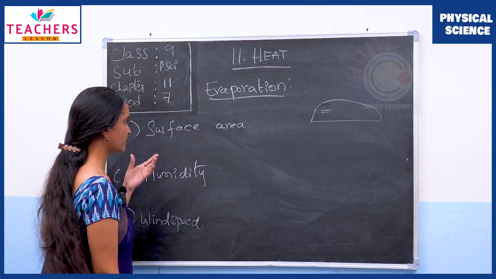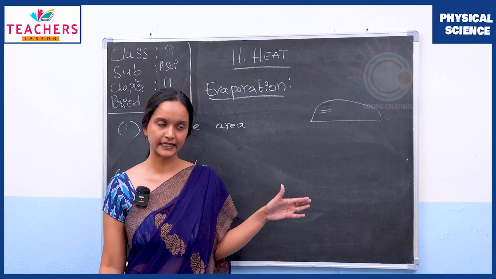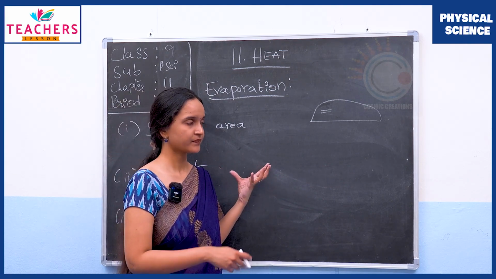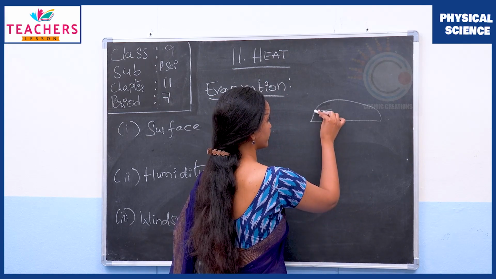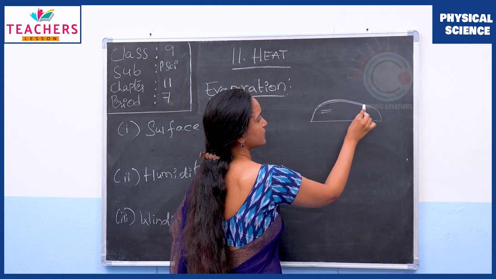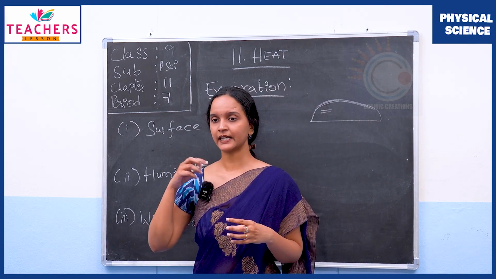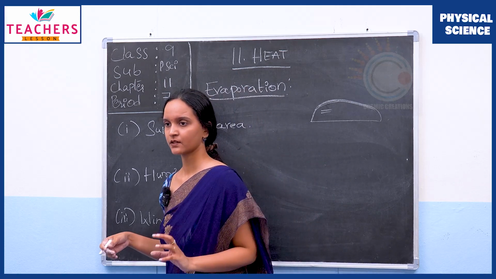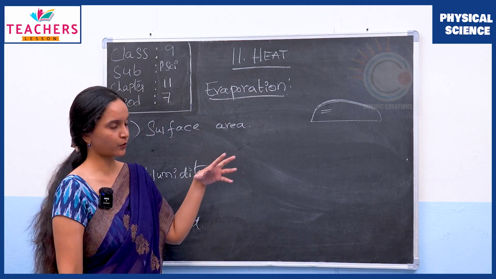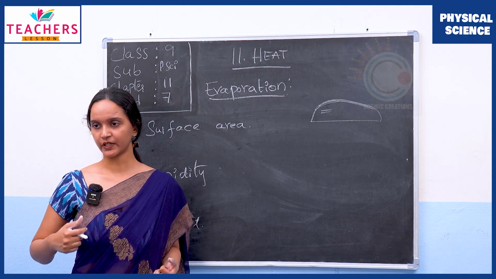Now, if the surface area is more for any liquid, then more number of molecules are present at the surface. So when more molecules are present at the surface, there is more scope for these molecules to escape. More surface area provides more room for evaporation.